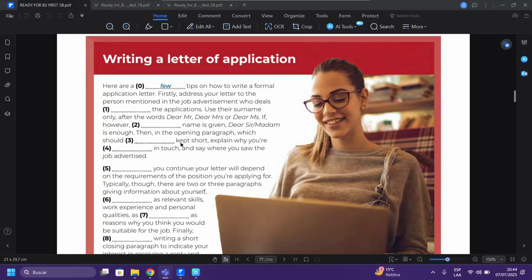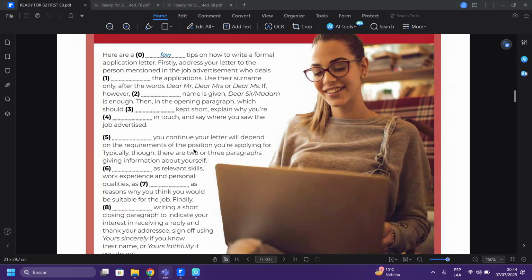Then, in the opening paragraph, which should be, it could be, okay? Later on, we're gonna check. Why you are in touch.